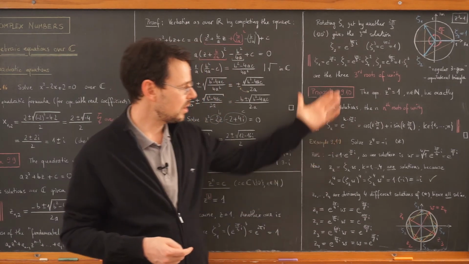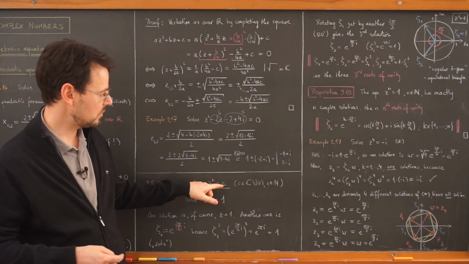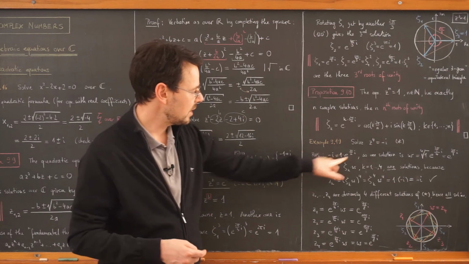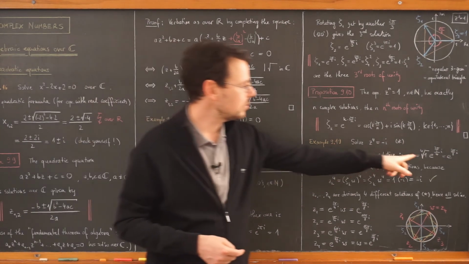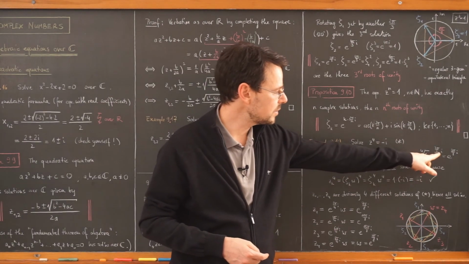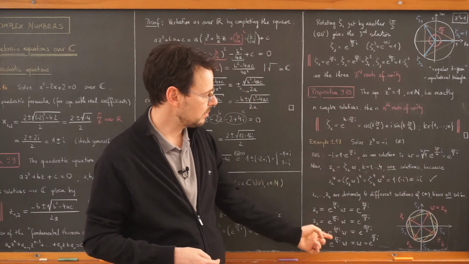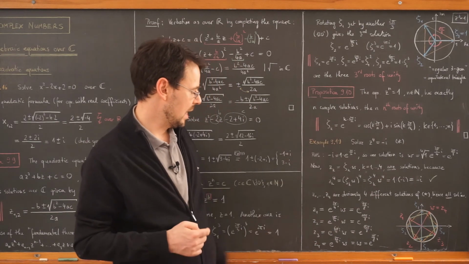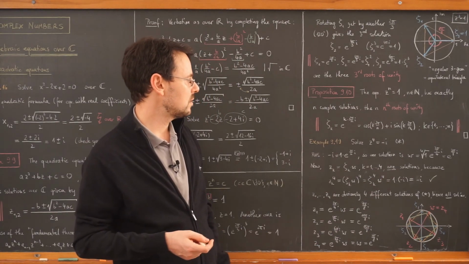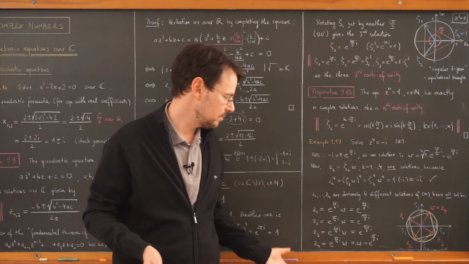And this is the trick how you solve any equation of this form. You bring the right-hand side into polar form, you take the nth root of the modulus and divide the angle by n, and then all you have to do is simply multiply this one solution by the nth roots of unity. And that's it.